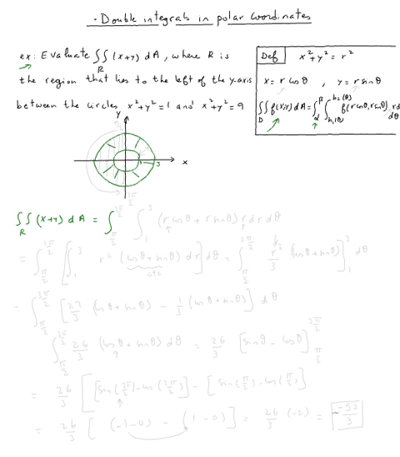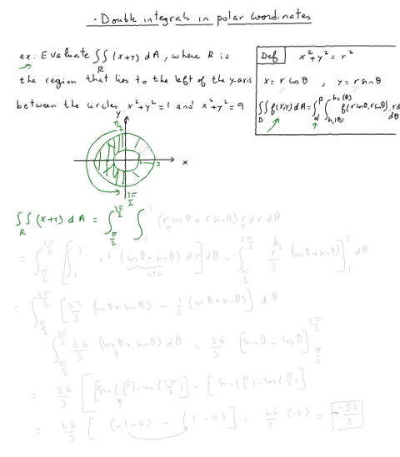However, it's just to the left, so we're only going from just this part. So let me do it this way. But just the left, it's going only from pi over 2 all the way to 3 pi over 2. So our angle is going from pi over 2 to 3 pi over 2.